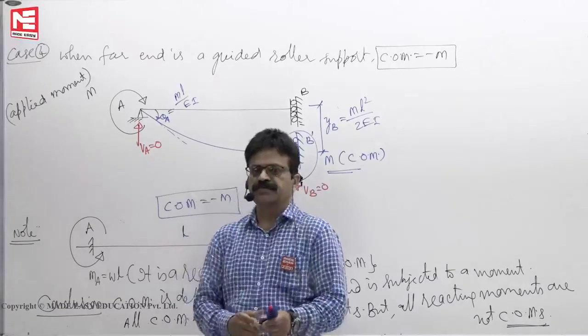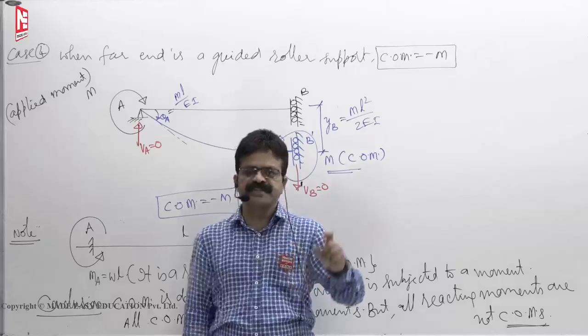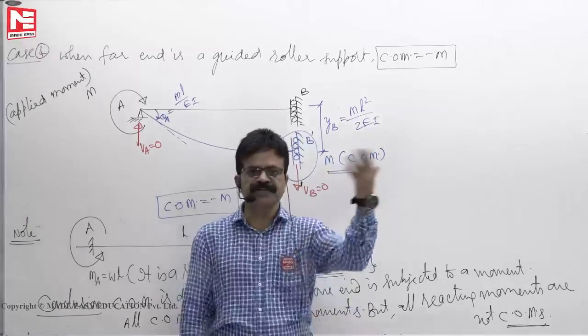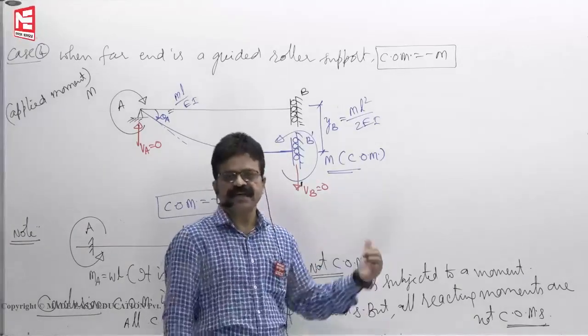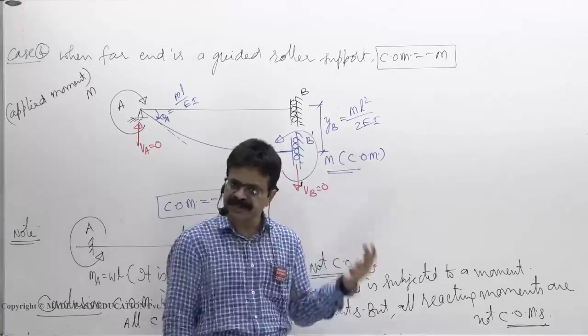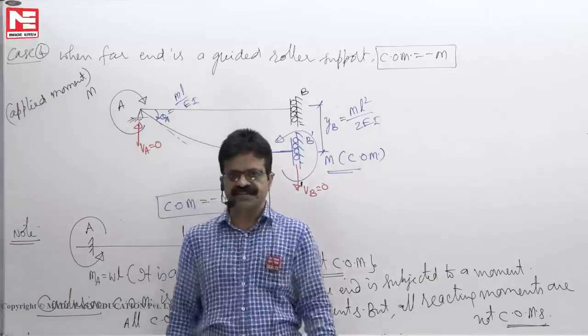Okay, so now for carryover moment you have a complete picture. Carryover moment means it is the reacting moment developed because of applied moment at one end. Depending on the end conditions, that carryover moment can be M by 2, it can be 0 or it can be minus M depending on the end conditions.